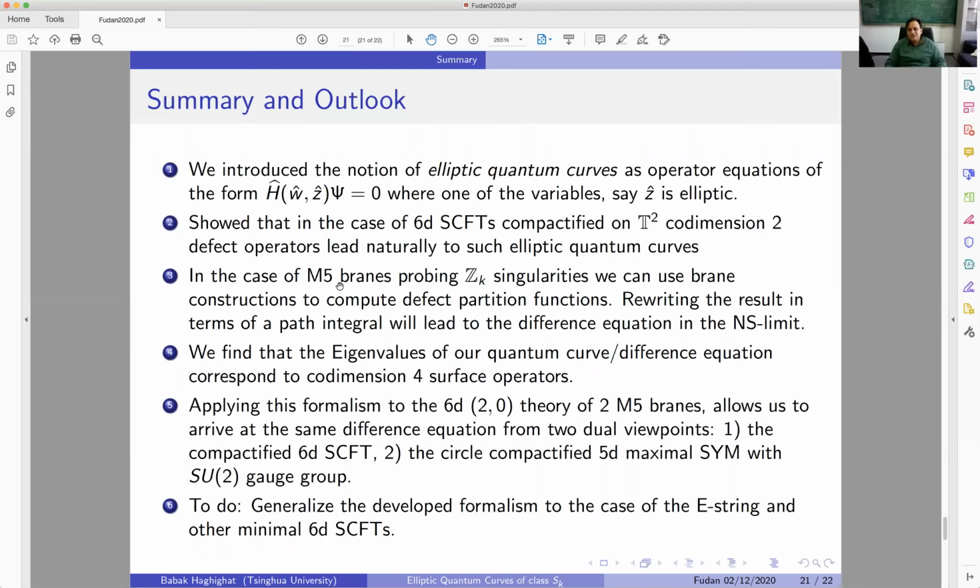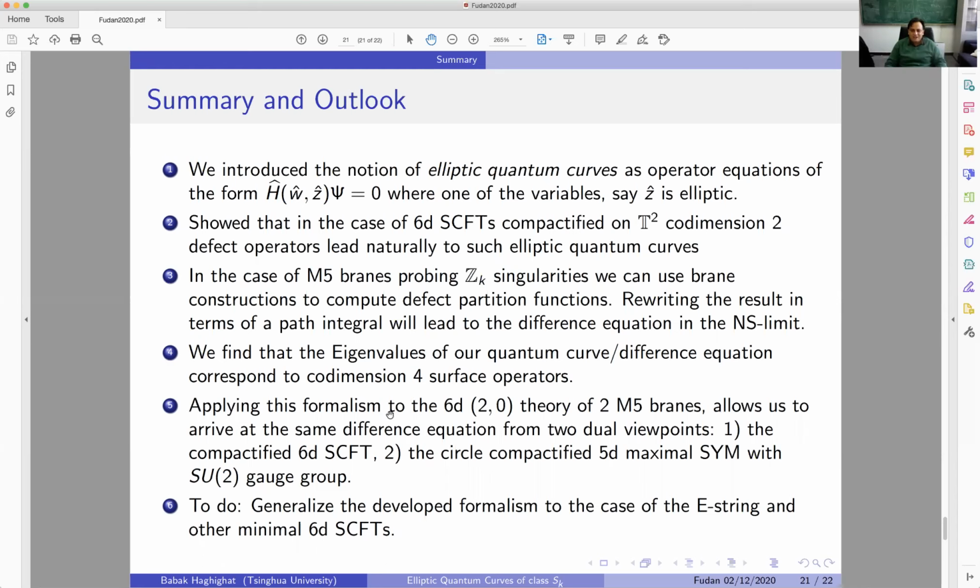For the case of M5 branes probing Z_K singularities, we had a brane construction at our disposal which we could use in terms of a path integral to effectively compute the difference equation in the NS limit. We also found that the eigenvalues of our quantum curve difference equation correspond to codimension 4 surface operators.